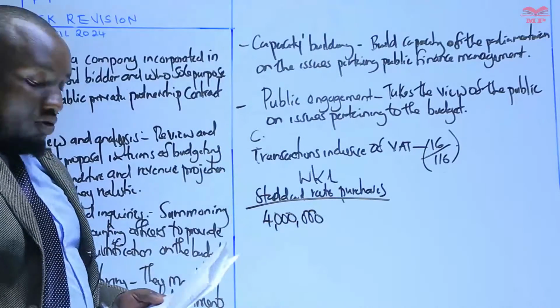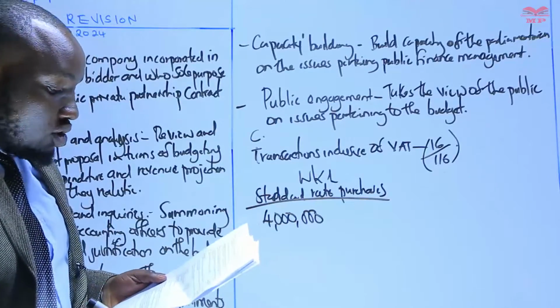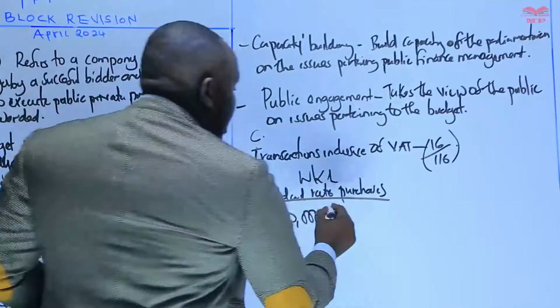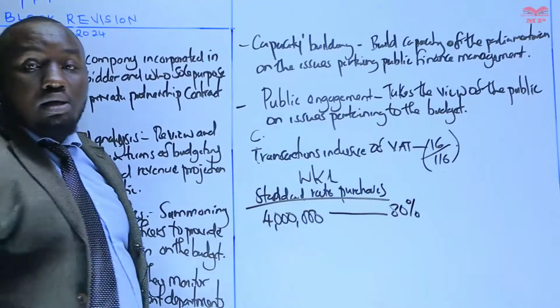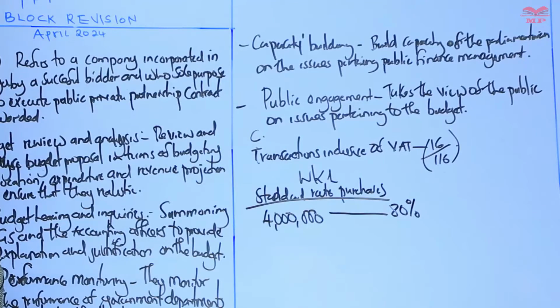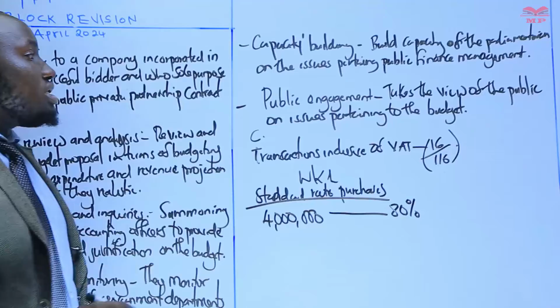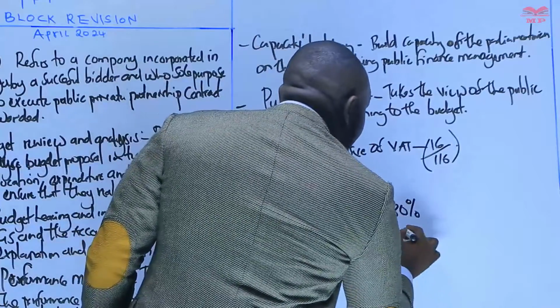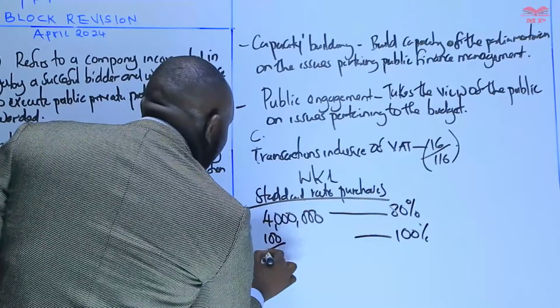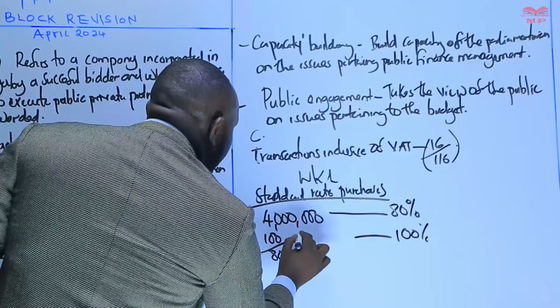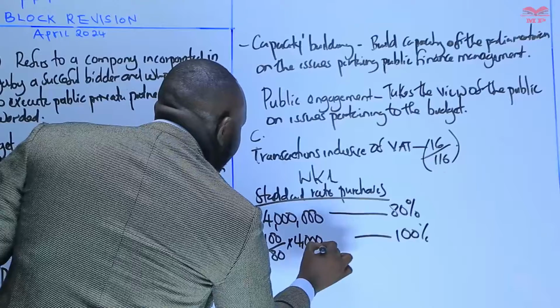This figure of 4 million, we are being told, was understated by 20%. If it's understated by 20%, it implies that the figure is basically 80%. What is the whole figure? The whole figure should be 100%, without understatement, so we have 100 over 80 times 4 million.